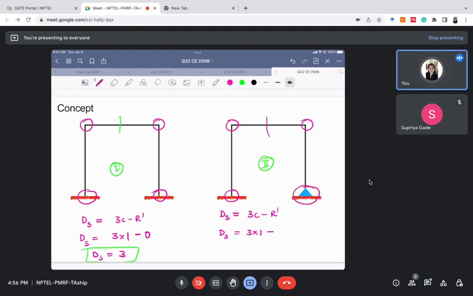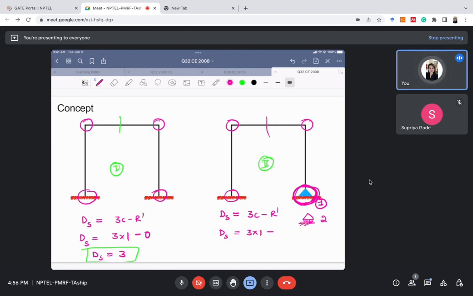So here we need one other restraint to make it a fixed support. Suppose it would be a roller support, then we would need two restraints, because here we just need to stop the rotation part. If we stop the rotation part of this particular hinge, it will become a rigid fixed support, right?